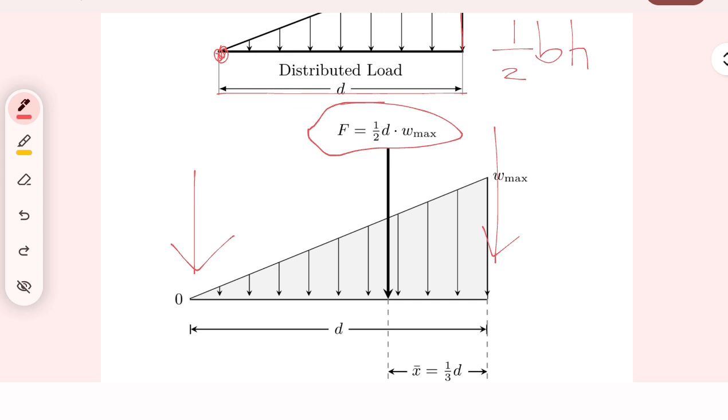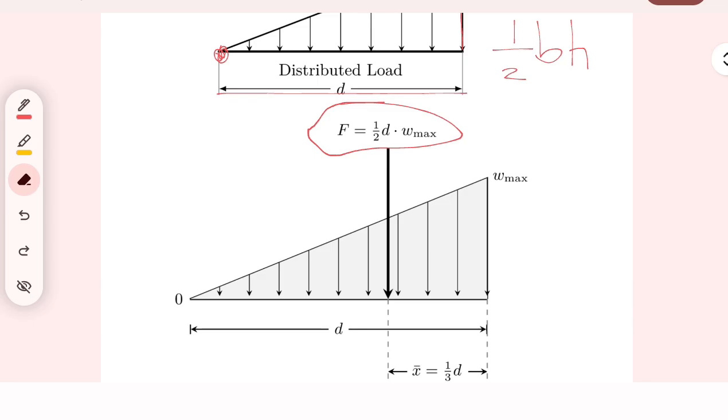Remember this: once you have computed the force based on the area of the triangle, you need to put that force at the centroid of the triangle. The force is computed based on the area, and the location is based on its centroid. So the force will be placed where the centroid of the triangle is.